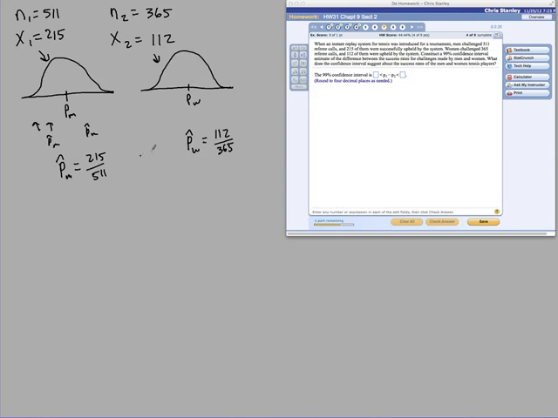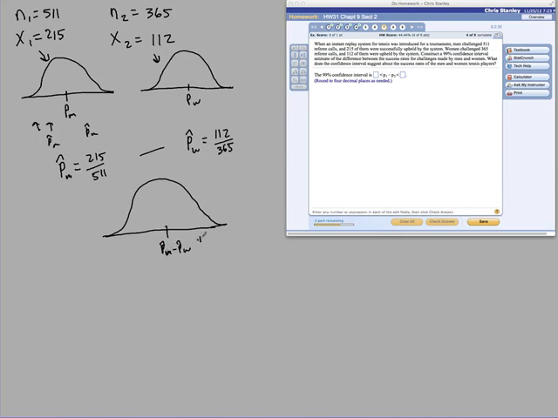So I'm going to subtract these two, as a decimal or percentage, and that's going to show up somewhere else. I'm going to put this here in the middle: p hat men minus p hat women.